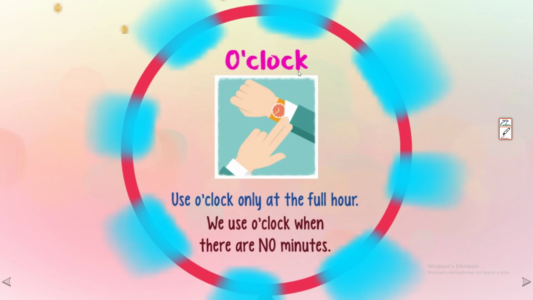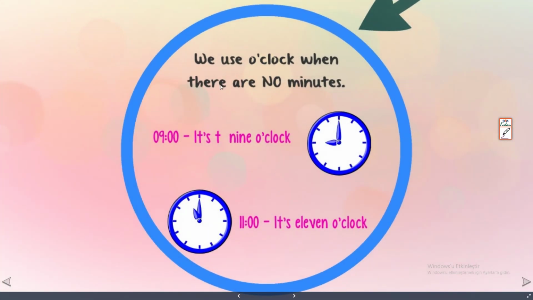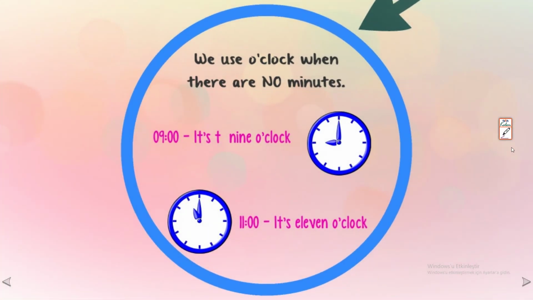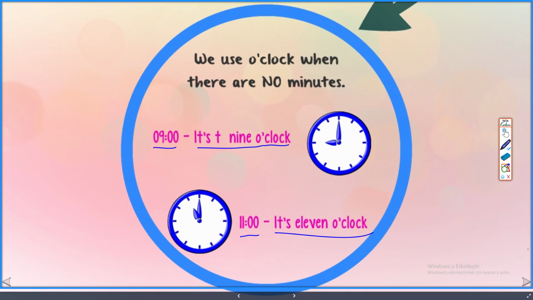Okay, examples: for example, 9, it is 9 o'clock. It is 11, it is 11 o'clock.